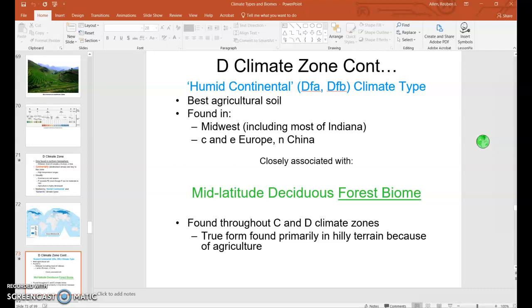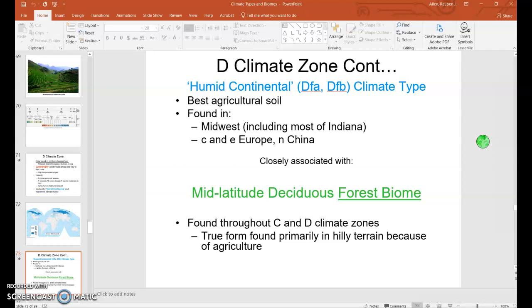Summer is about as long as winter and vice versa. It's not too wet. It's not too dry. Soil acidity is not too low or high. And so it's very well suited for many of your very lucrative forms of agriculture, especially those focused on corn, soybeans, or perhaps if it's a little bit drier, grains.